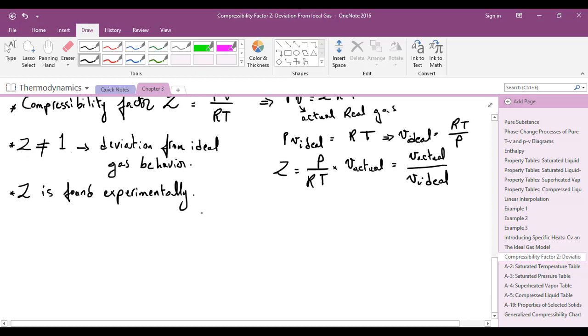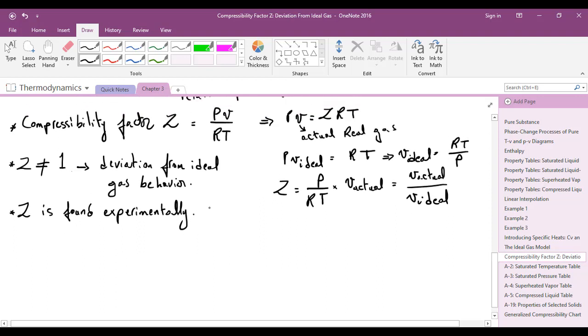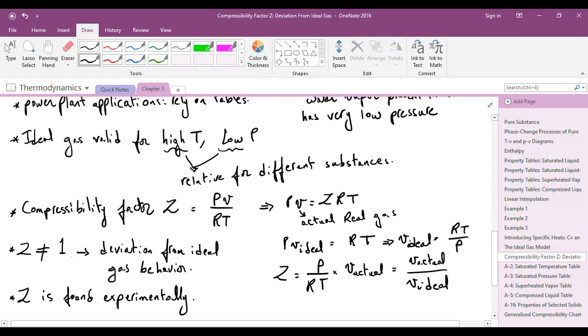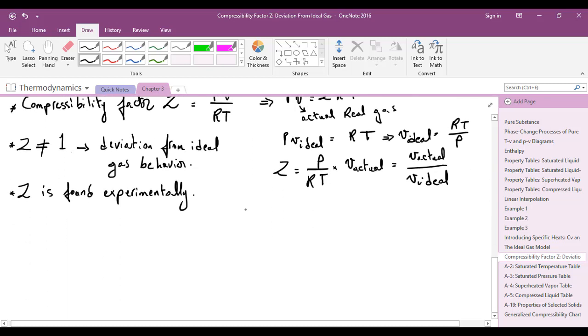So since the condition is high temperature and low pressure, and high and low are relative for different substances, in order to resolve this issue, we do normalization of pressure and temperature.